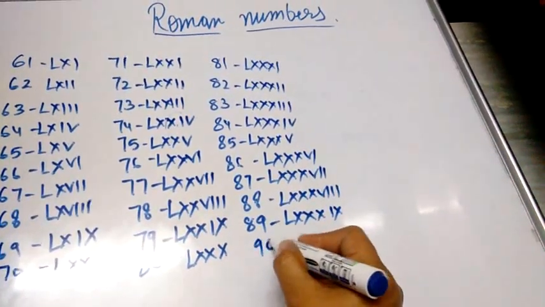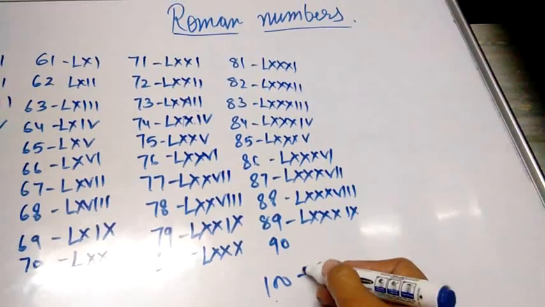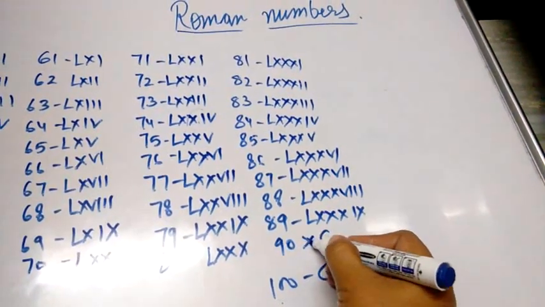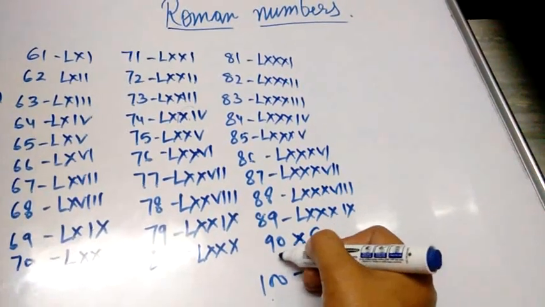Now 90. For 100 we write C. So if we write X before C, that becomes 90. When we write 10 at the left hand side, that means 10 less than 100, that means 90.